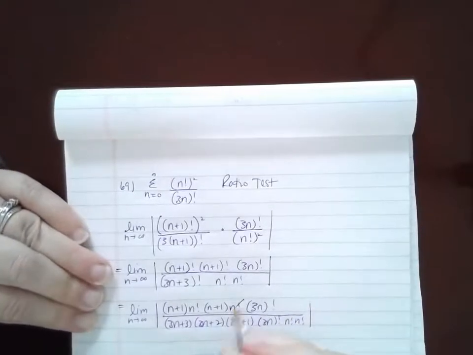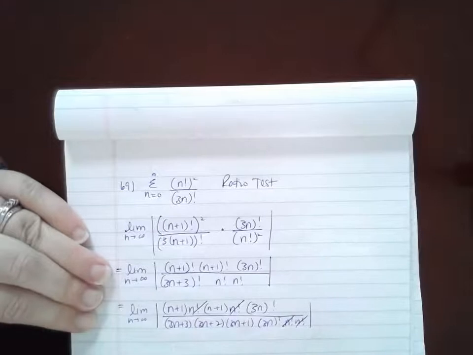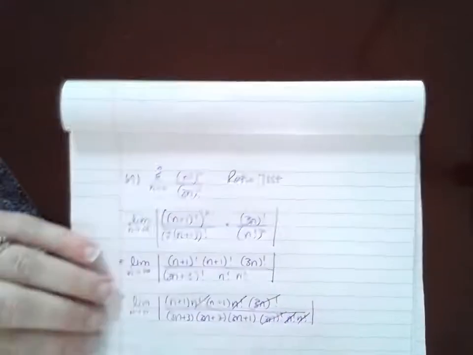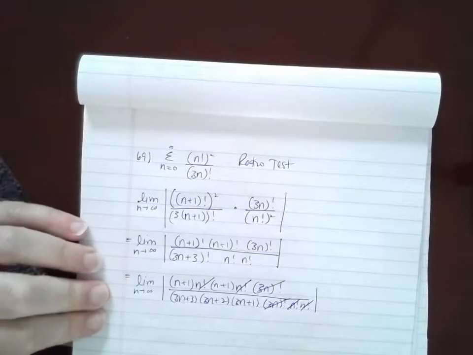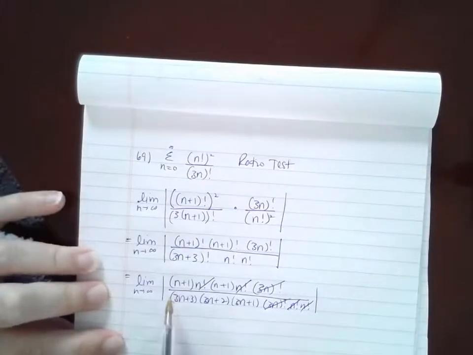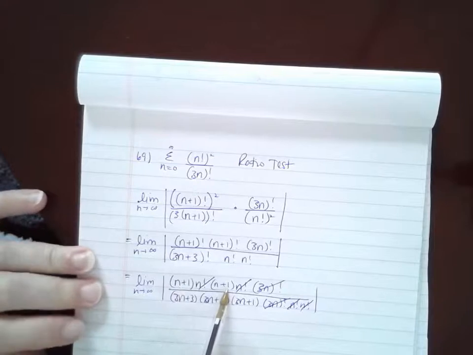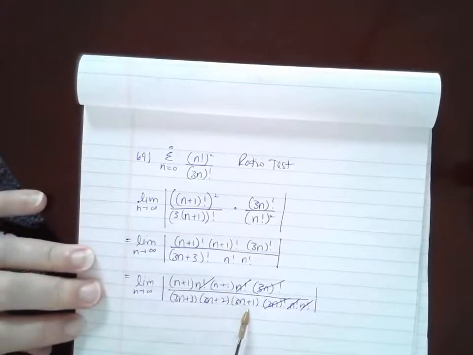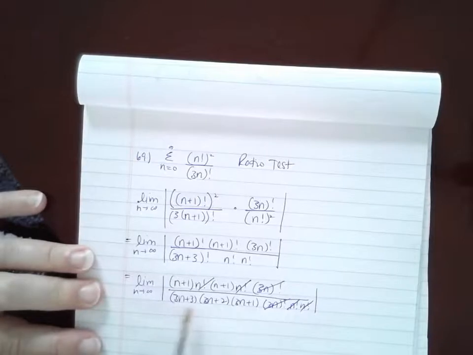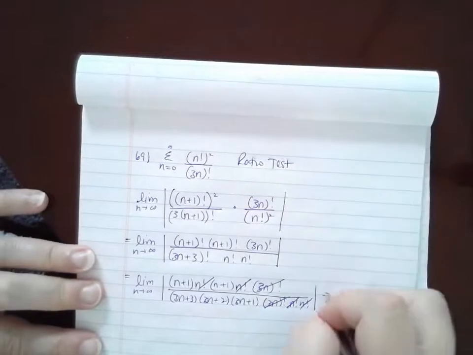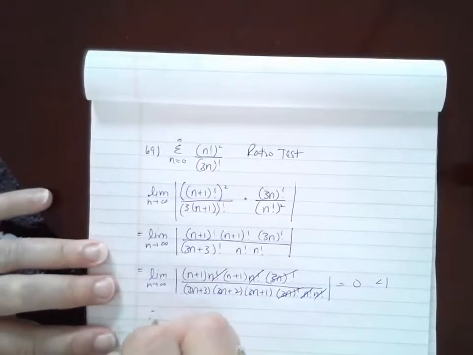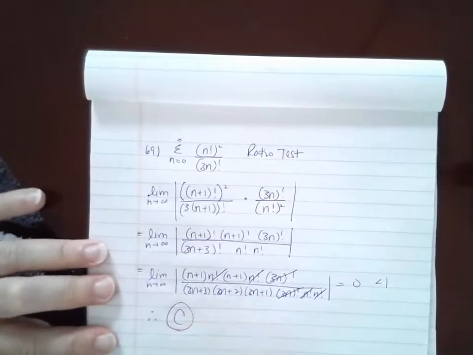Whew. Those cancel with those. The 3n factorial cancels with the 3n factorial. And I have n plus 1 squared in the numerator, but 3n plus 3, 3n plus 2, and 3n plus 1 in the denominator. That's a 27n cubed in the denominator and an n squared in the numerator. This limit is equivalent to 0, which is less than 1. And according to the ratio test, that's a convergent series.